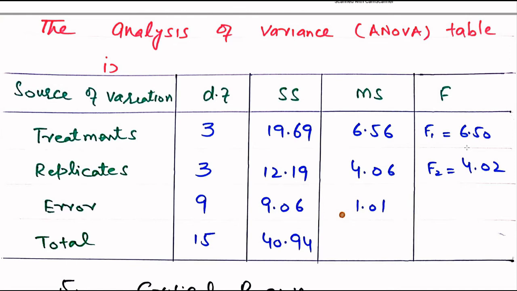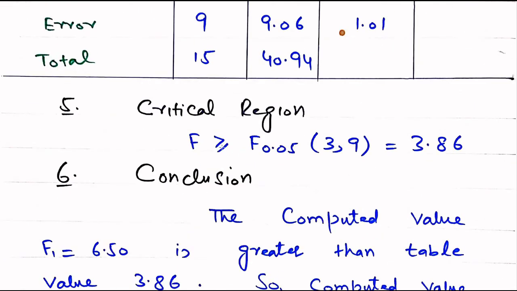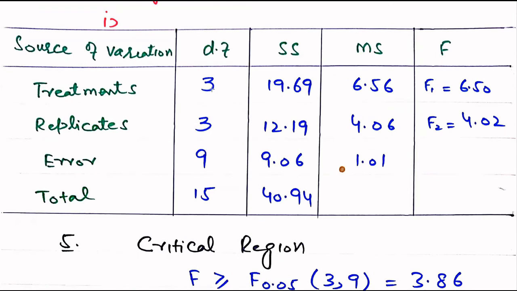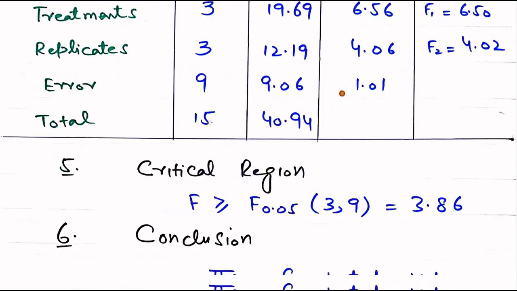Now the F computed value: this is the computed value for treatment and this is for replication. But our question is about treatment. We check whether the treatments are equal or not, so we deal only with this observation. The critical region is F greater than F.05 with v1 equal to 3, the degree of freedom for treatment, which is k minus 1, and for error v2 equal to 9.